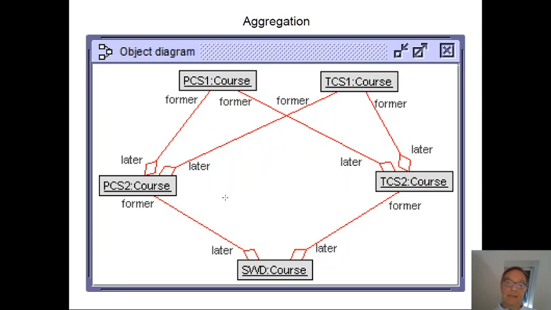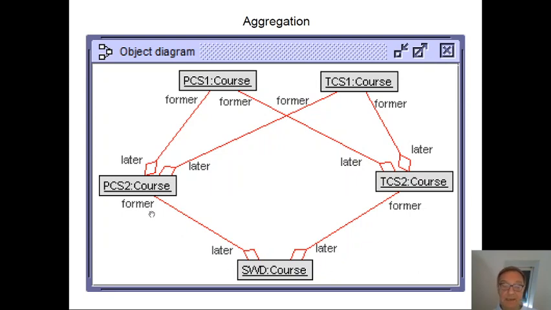And prerequisites should typically be acyclic. It would not be fair to have cycles here in the prerequisites. So prerequisites are acyclic, without cycles, and this is also a property of part-whole relationships.